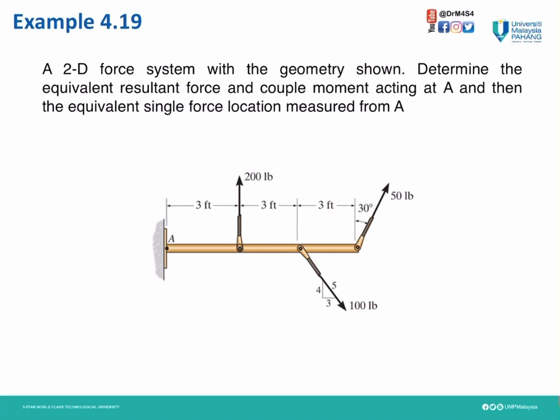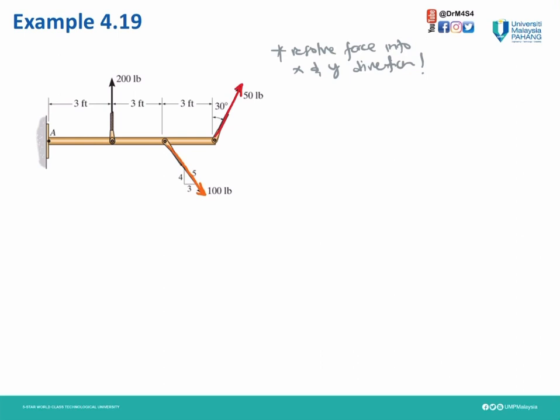Next, we move to example 4.19. In this 2D force system shown, we need to determine the equivalent resultant force and moment acting at point A. Then we have to find where the single force location is, measured from point A. As you can see here, we have 50 pound, also 100 pound and 200 pound vertically.